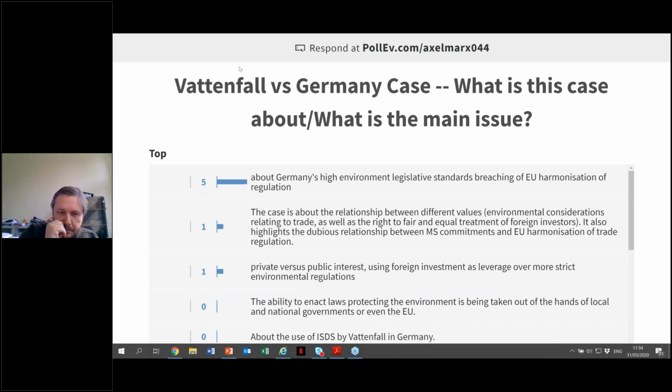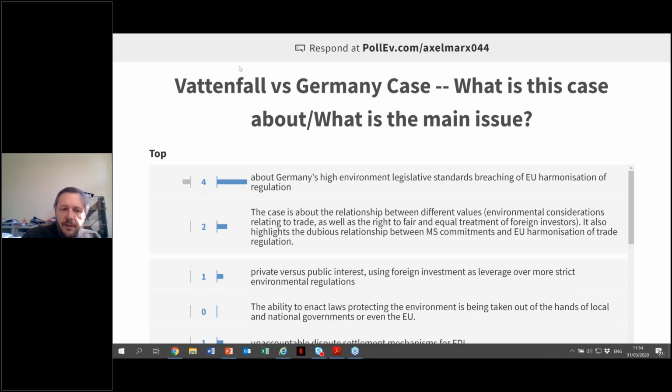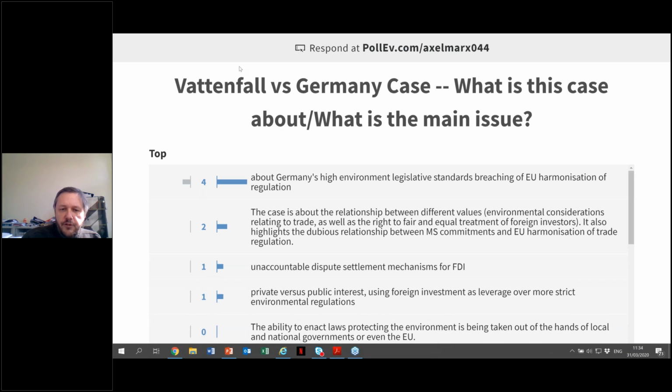Also a note that it highlights the dubious relationship between EU member state commitments and EU harmonization of trade regulation. Somebody points out private versus public interest, using foreign investment as leverage over stricter environmental regulations. A few point out the unaccountable dispute settlement mechanism for foreign direct investment.